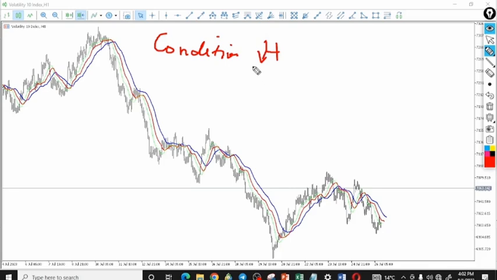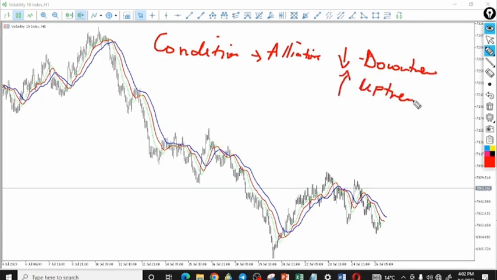If the alligator is moving to the downside, we are in a downtrend. If it is moving to the upside, we are in an uptrend. And if the market is also below, and the lines are showing to the downside, you are in a downtrend.